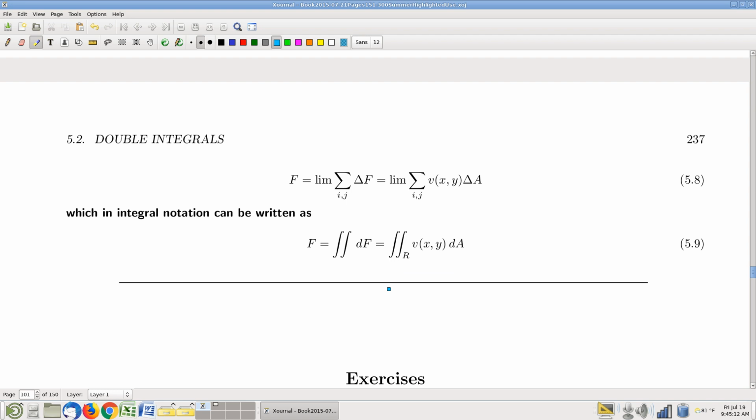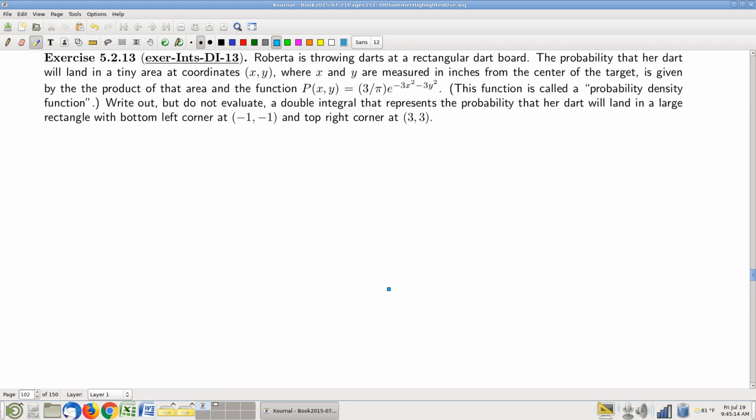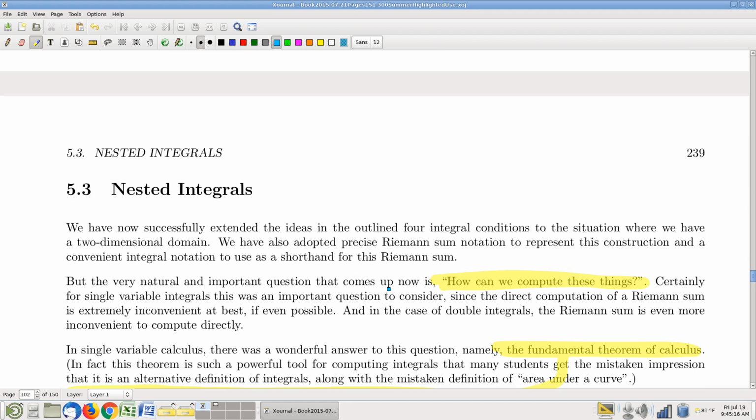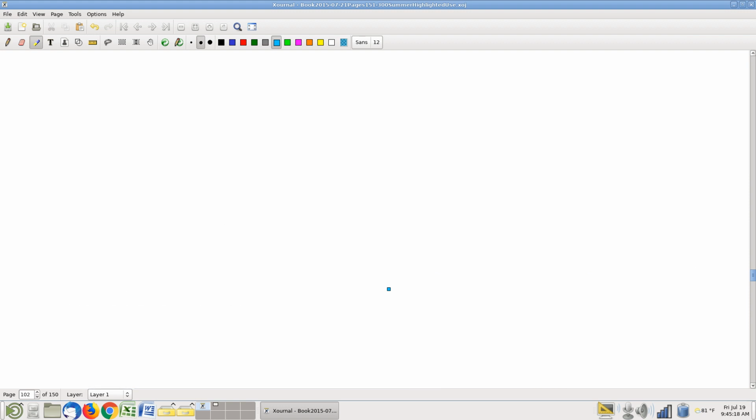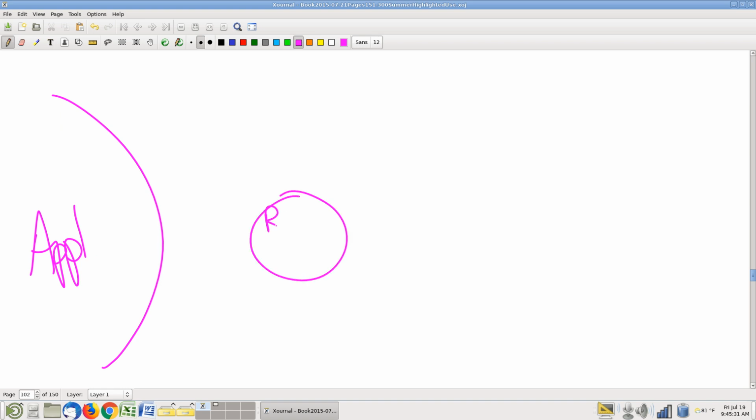Alrighty. So now, let's talk about how to compute these things. By the way, here's a strategic chart of what we're doing here. We have a bunch of applications, and these applications all connect to Riemann sums, aka double integrals.